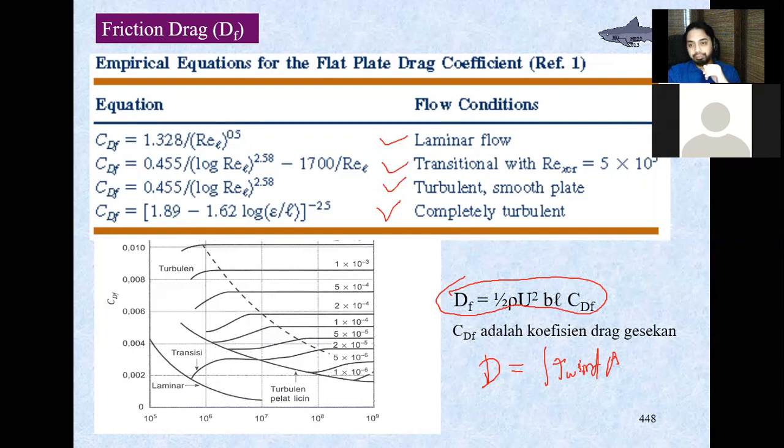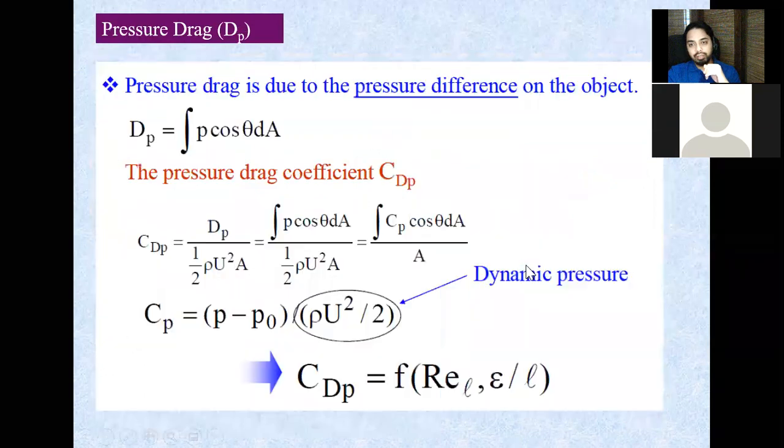Okay, and then the drag due to the pressure in this case, we can also get from the parameters, which are the Reynolds number and the surface roughness.